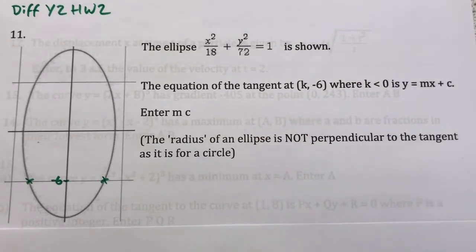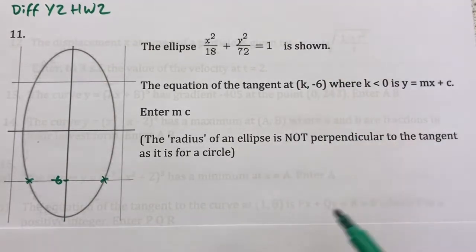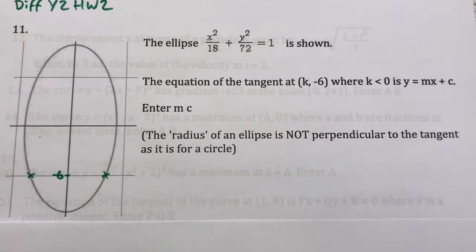So let's start by saying that we can find the x value when y equals minus 6. So let's have a look and see if we can find the two possible values of k that we're looking for.